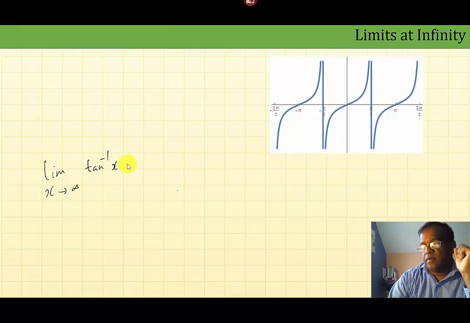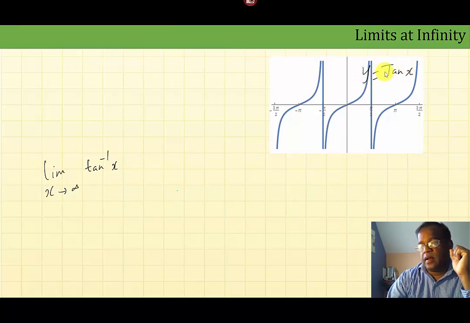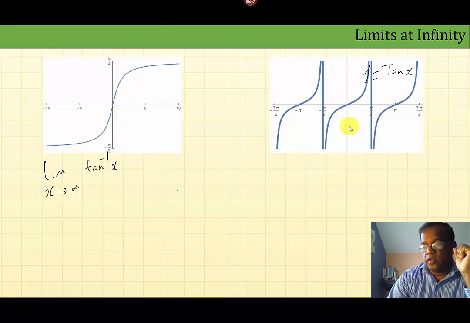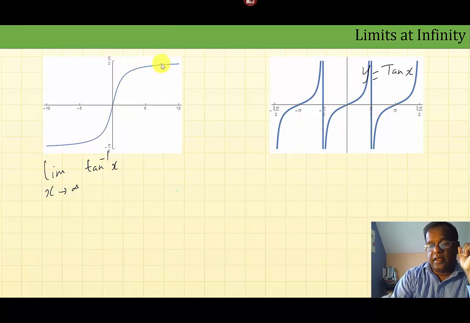So this is the graph of y equals tan x. Now we can see the inverse exists, it is 1 to 1, only from negative pi over 2 to pi over 2. So for tan inverse, the x-axis becomes the y-axis, and the y-axis becomes the x-axis. So you can see the tan inverse graph is like this.